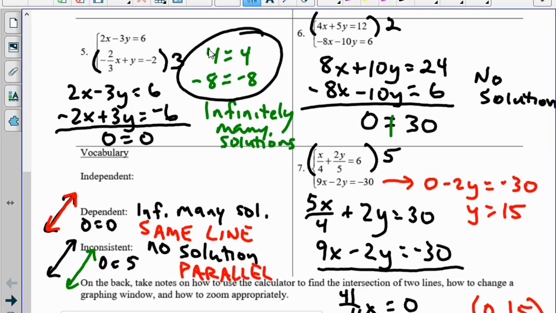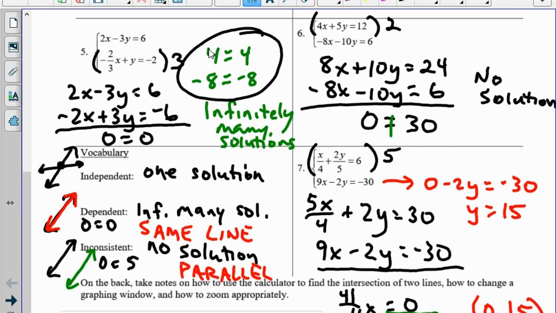That leads us to the other vocabulary word, which is independent. Independent are your typical systems where you have one solution. Those are intersecting lines. So those were any problem like 1, 2, 3, 4, and 7. So notice that number 7, you get x equals 0. When you get x equals 0 or y equals 0, that does not mean that it's no solution or infinitely many solutions.